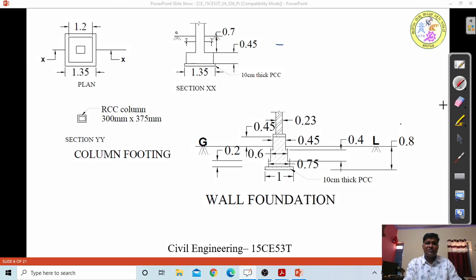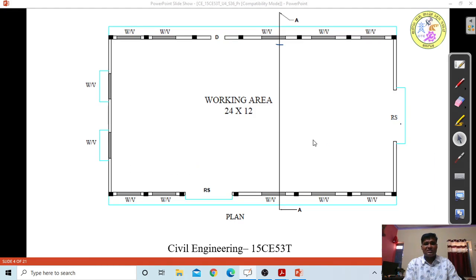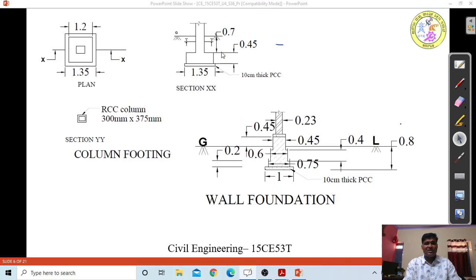Coming to column footing, there are two types of structures. There are columns at the center, and in between the columns there is wall. For columns you need to provide footings, and for the wall I need to provide a foundation consisting of size stone masonry of around 2 steps. For the footing, the width is 1.2 meter.